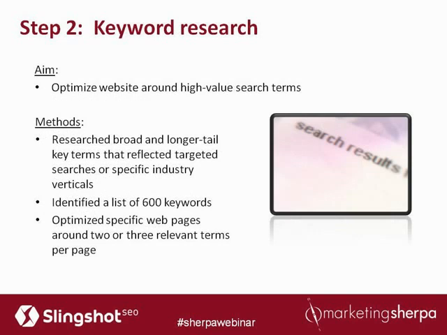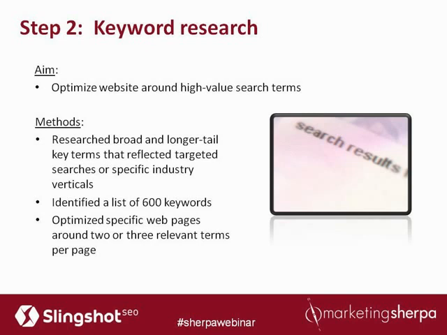Now, with the content in place, the marketing team optimized their website pages around key terms that the prospects would be using to search for sales compensation planning advice. So using keyword research, they identified broad general terms such as sales compensation planning, sales comp planning, commission sales agreement. They also identified longer tail key terms that reflected more targeted searches on a specific industry vertical.